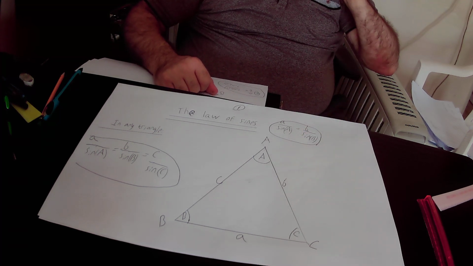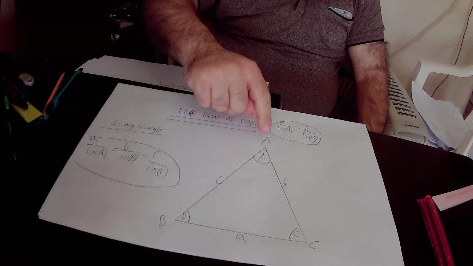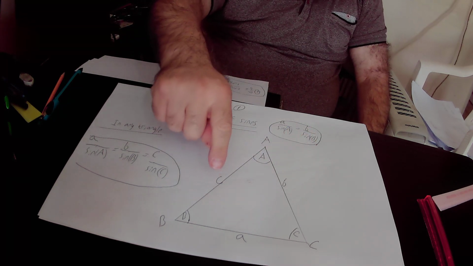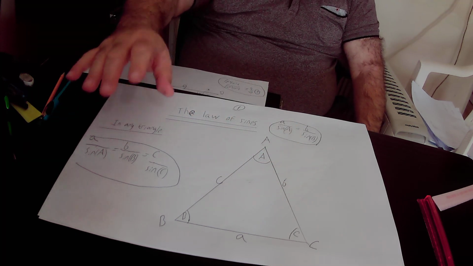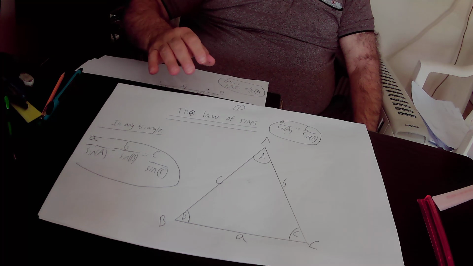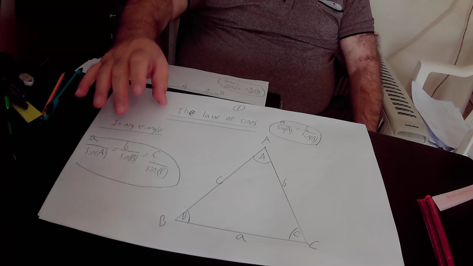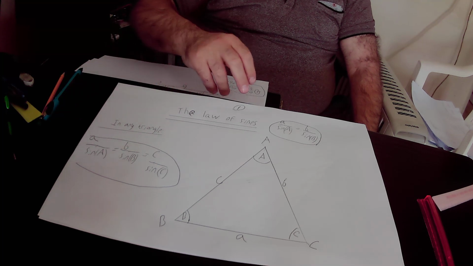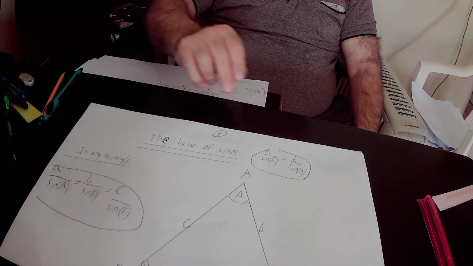Then according to the law of sines, A over sine A equals B over sine B equals C over sine C, and it is true in any triangle. Okay, so from this formula we will derive that A over sine A equals B over sine B.